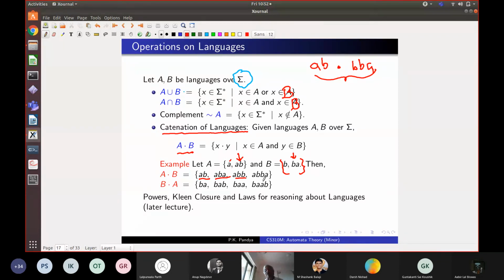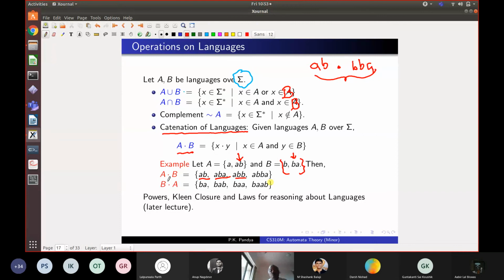Now I've covered all cases, so I get these four words, and that is the language A catenated with B. So not only can we catenate individual words, we can also catenate two sets of words. This is called the pointwise application of catenation to two sets.